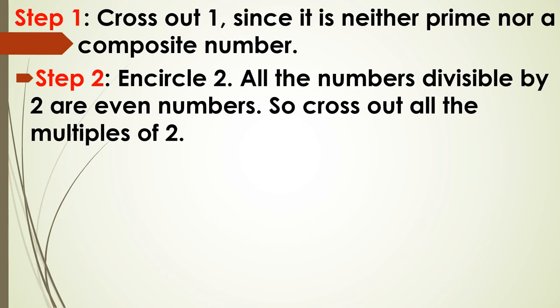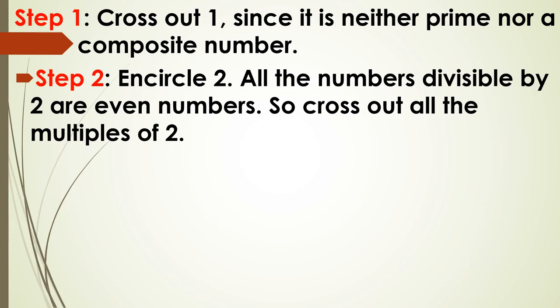All the numbers which are divisible by 2 are even numbers. So cross out all the multiples of 2. Cross all the numbers which come in the table of 2, which are divisible by 2, or we can say which are even numbers. Only encircle 2, okay?